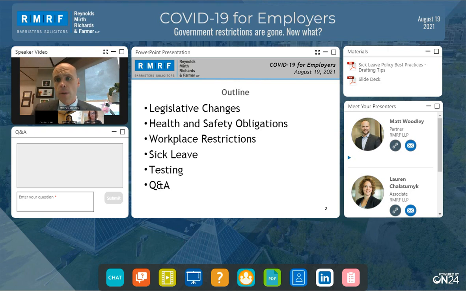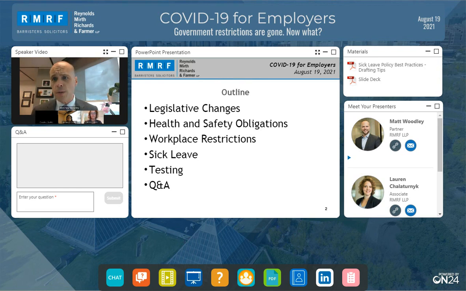And then we'll talk about the issue of rapid and other testing and what organizations should be thinking about if they are wanting to utilize rapid testing as a part of their toolkit to deal with these risks in the workplace. And particularly if you're looking at imposing a policy with respect to vaccines or with respect to testing.